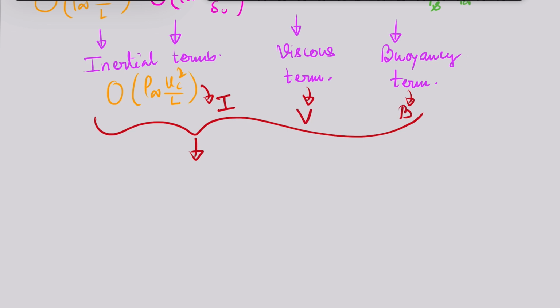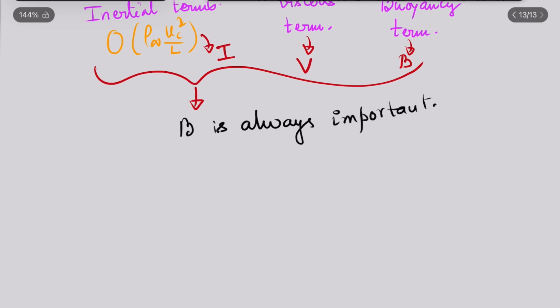So I will write here that my B is always important in this governing equation. Now the competition is between this and this, I and V.